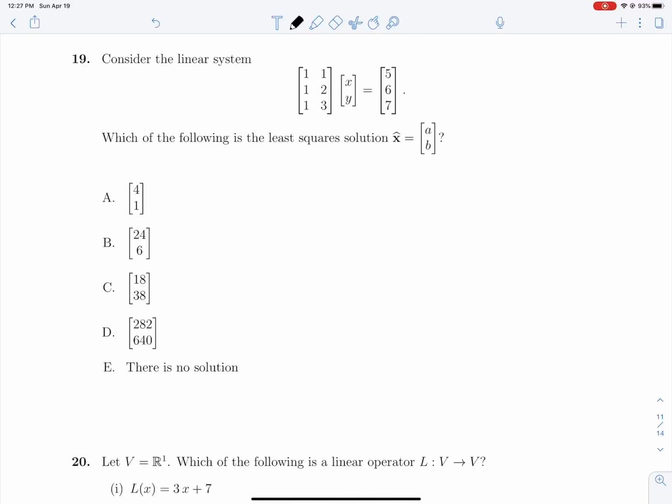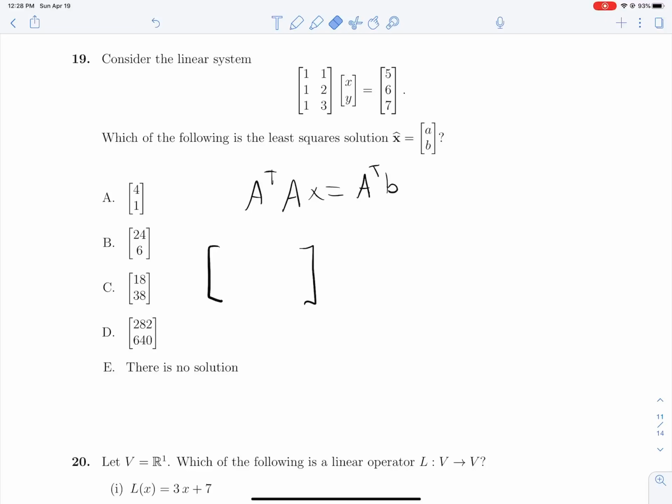So when we're solving a least squares problem where we have AX equals B, but there is no solution for AX equals B, our least squares solution will be found by solving A transpose AX is equal to A transpose B. So let's compute A transpose A and A transpose B, and then solve the corresponding system that we get.